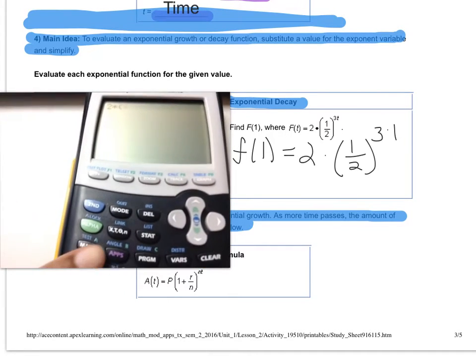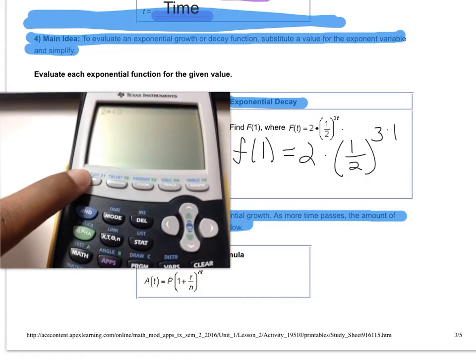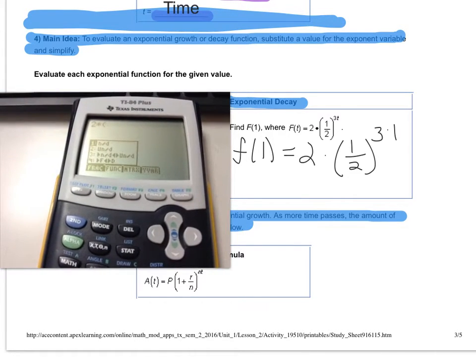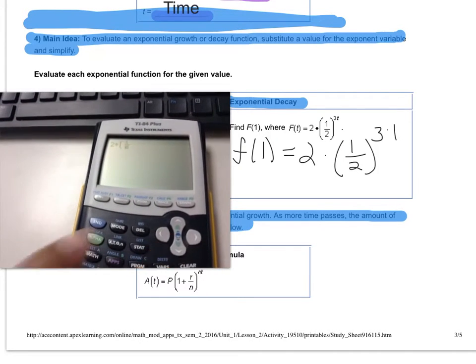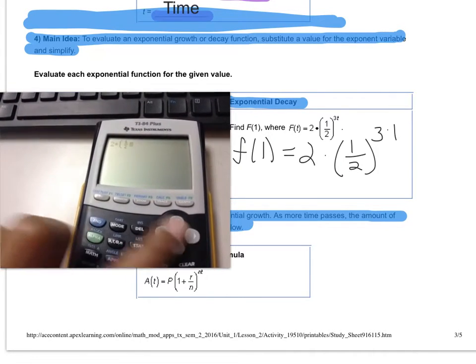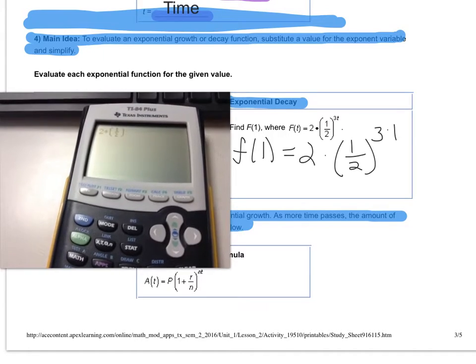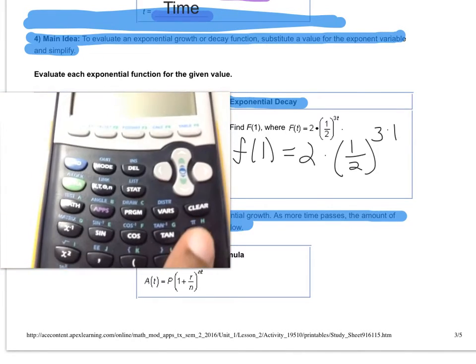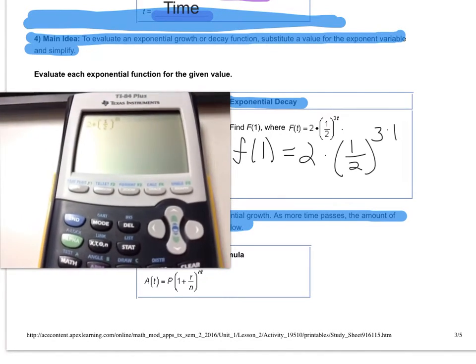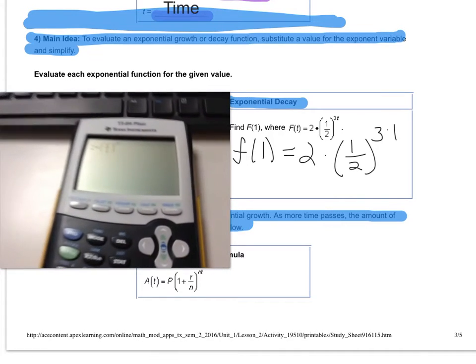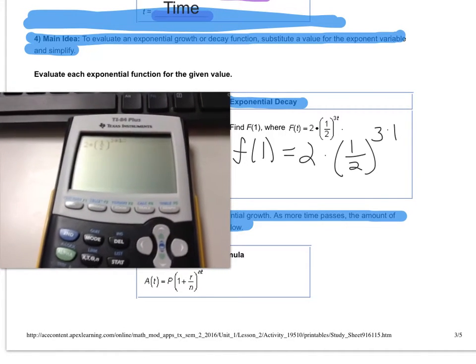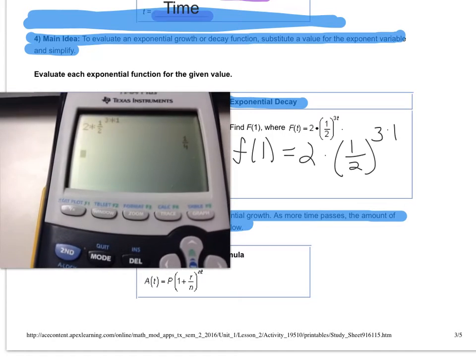To get a fraction, press alpha in green and y equal, and we just need a numerator over denominator. So it's going to be 1 over 2 and close parentheses, the exponent button right there, raised to 3 times 1, and hit enter, and you get 1/4.